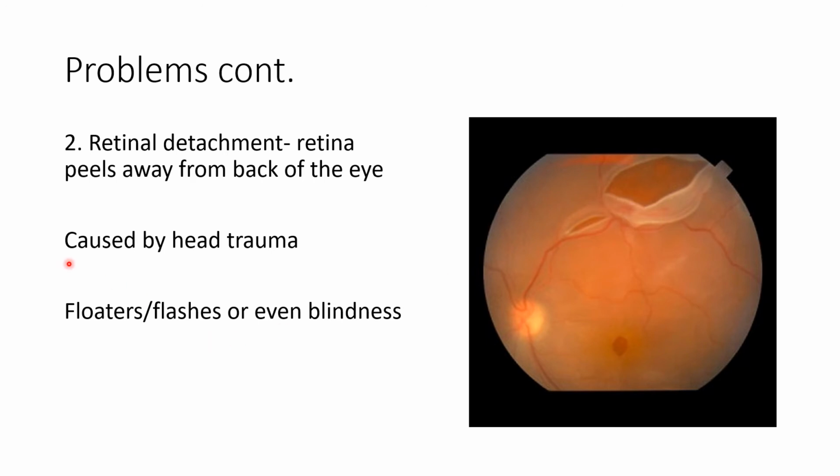This is pretty much caused by head trauma. So like I knew an individual who was playing basketball and he got hit in the side of the head with the basketball and part of his retina detached from that blunt trauma.